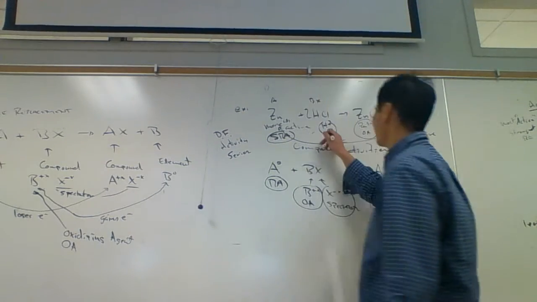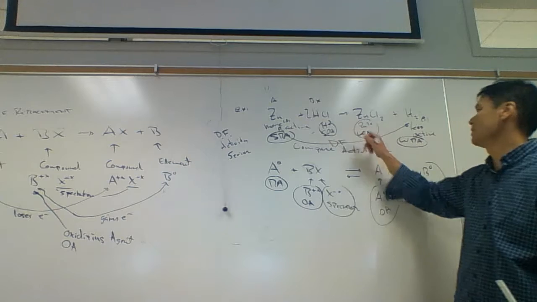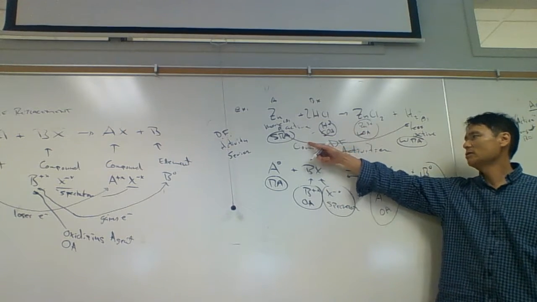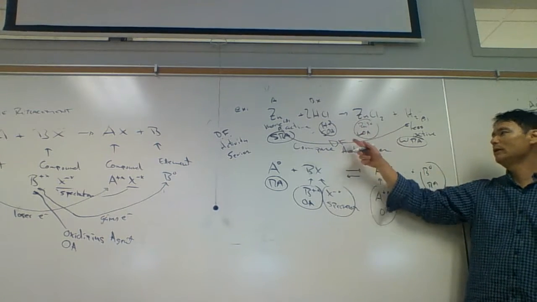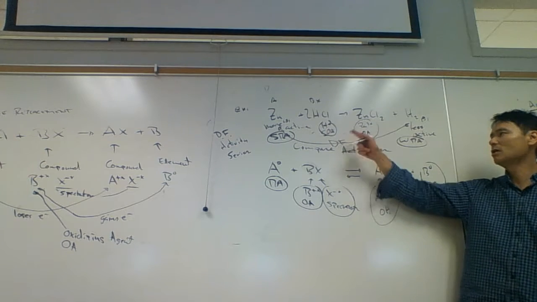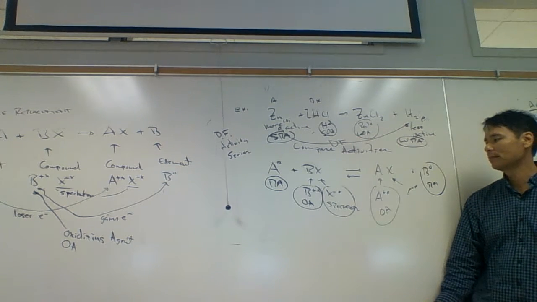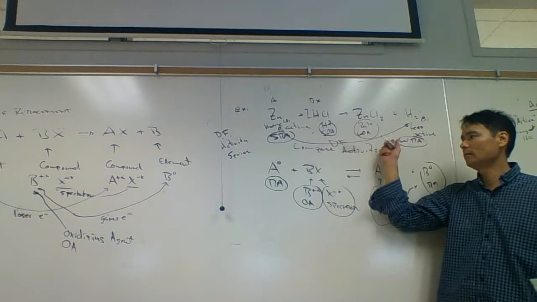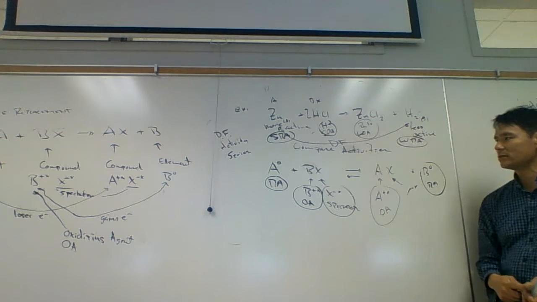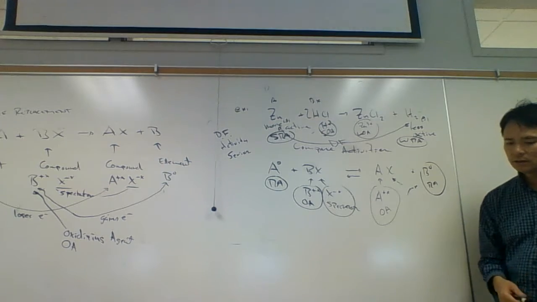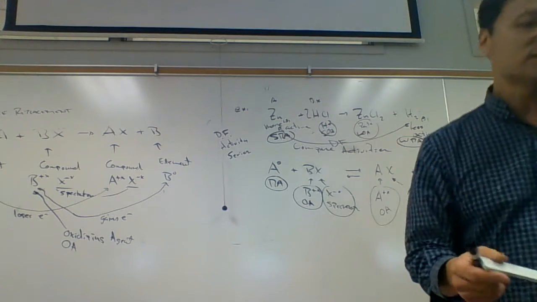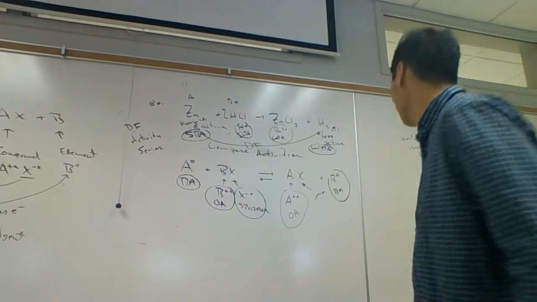So H plus is a stronger oxidizer than Zn2 plus, so it follows. It's got to go strong, strong, weak, weak, or weak, weak, strong, strong. It can't go strong, weak, strong, weak. It has to be paired in this way. And so we only have to look at one. And so this is why in activity series, you only look at the reducing agent. You ignore the oxidizing agent, because it's just easier to look from the perspective of the reducing agent for single replacement reactions.